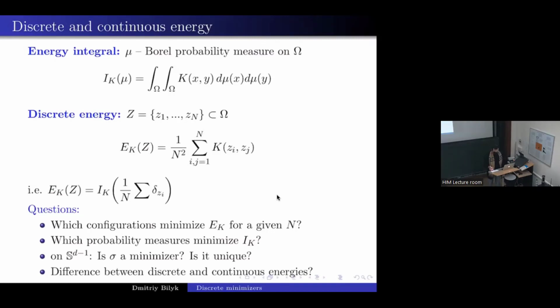If you completely resolve the question about the discrete energy by weak star density, you would also answer the question about the continuous energy. Vice versa, if you know the answer here, this gives you some ideas about what happens asymptotically for the discrete energies as n goes to infinity. Sometimes this can even give some direct answers here, but not very often.